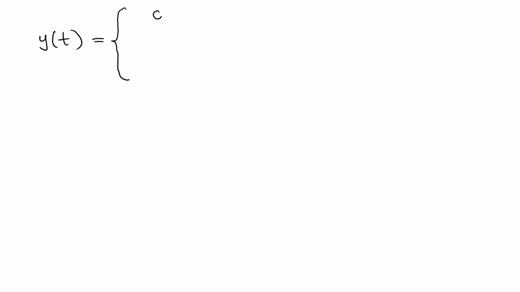It is 0 if t is less than 1, because if t is less than 1, all the switches are off, so you don't get any term. If t is in between 1 and 2, only the first one is on.